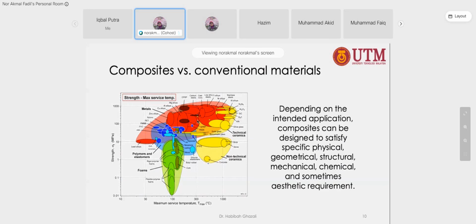So depending on the intended application, composite can be designed to satisfy specific physical, geometrical, structural, mechanical, chemical, and sometimes aesthetic requirements.